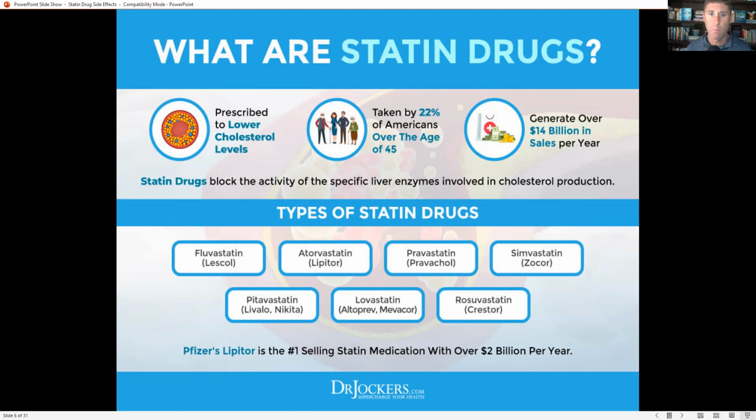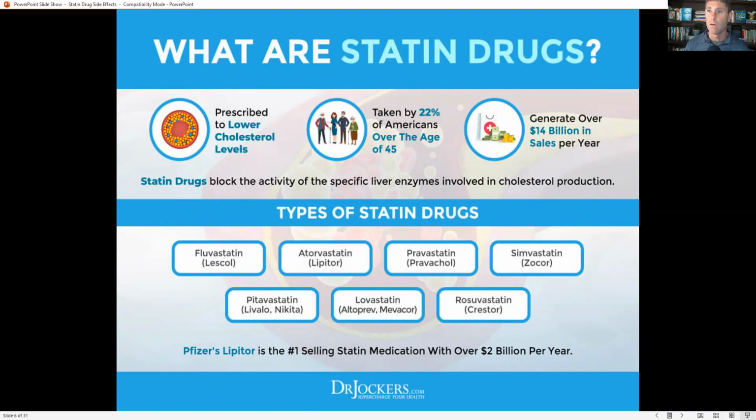Statin drugs block the activity of HMG-CoA reductase, which is a rate limiting enzyme in the liver that's involved in cholesterol production. So some of the most common types of statin drugs are things like Lipitor, Pravachol, Zocor, right? These are really common names. Crestor, Lipitor's the number one selling statin medication with over $2 billion every single year made by Pfizer.